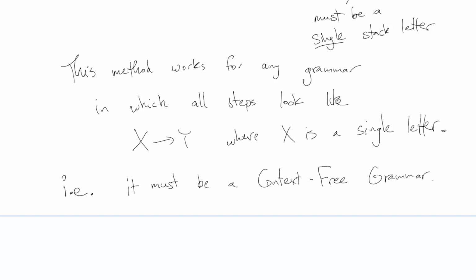I mean, it's easy to write down examples of grammars which are not context-free, but context-free, remember, means the left side of the arrow is just a single letter, a single non-terminal, all right? It must be a context-free grammar. But anyway, this is still sort of a lot of things, right? A lot of languages can have context-free grammars. All your A to the N, B to the N, something like that has a context-free grammar, okay?